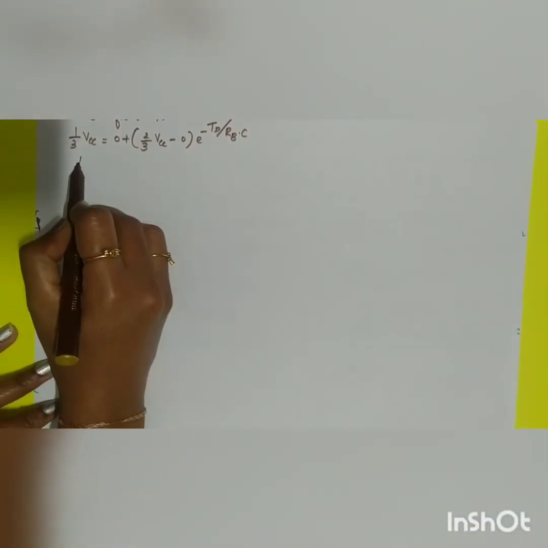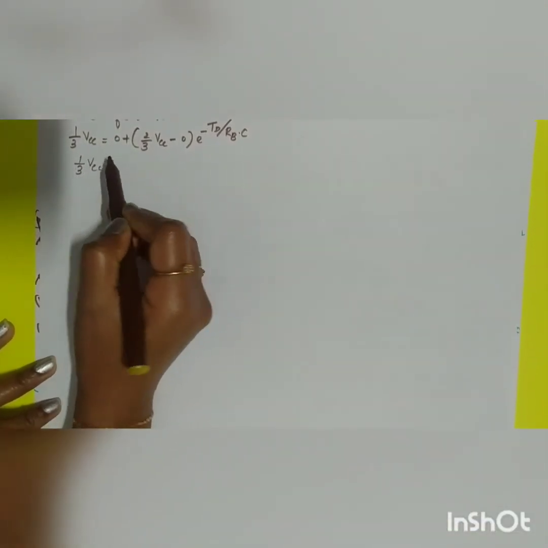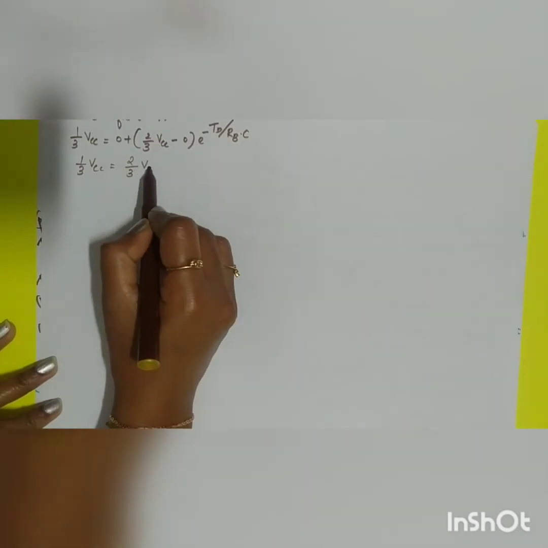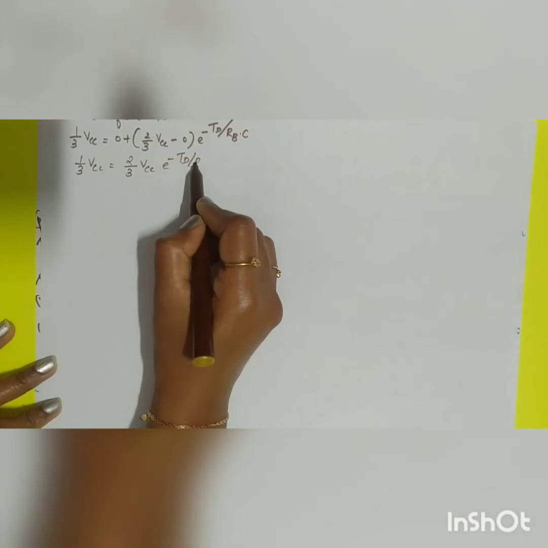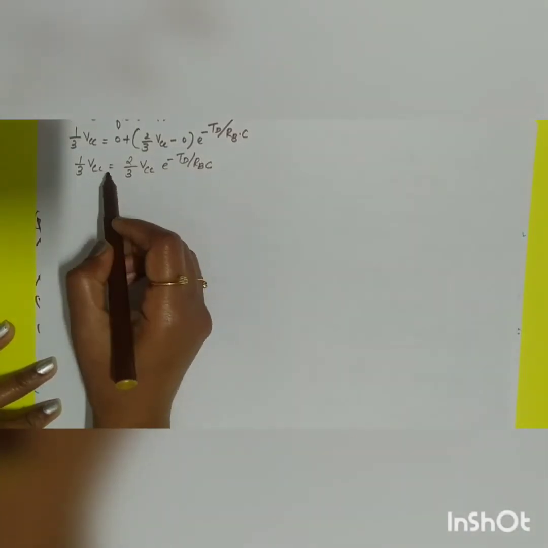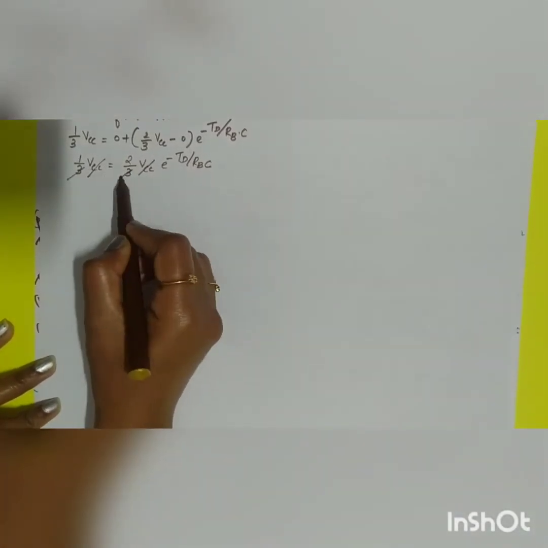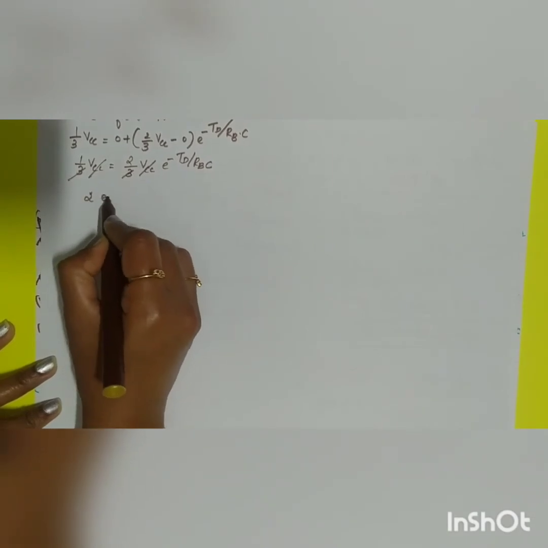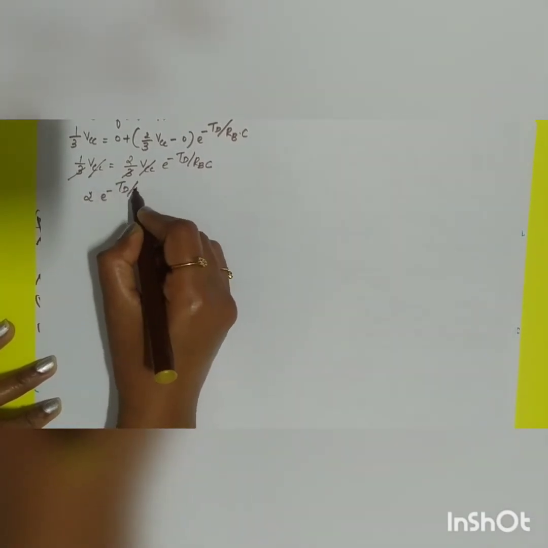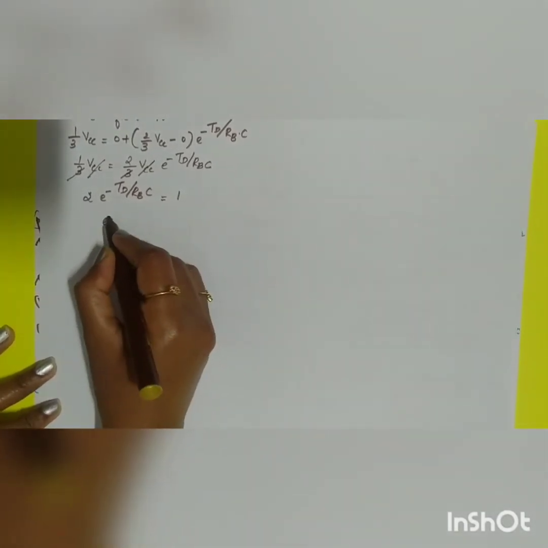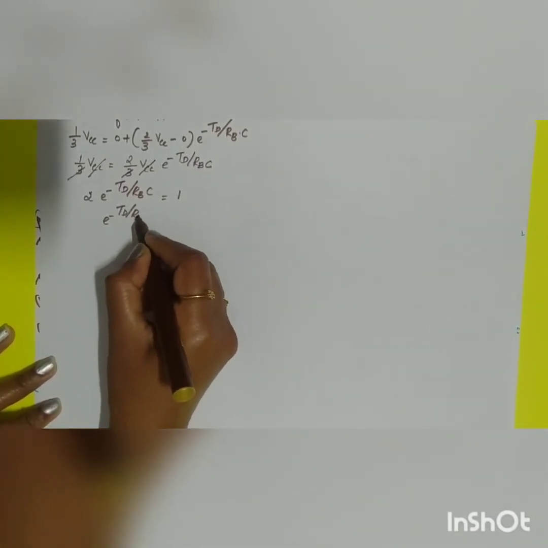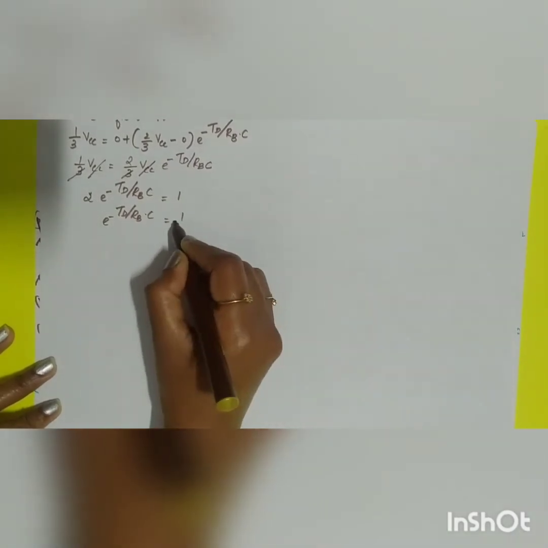So now what will be your equation? 1 by 3 Vcc will be equal to 2 by 3 Vcc into e power minus Td divided by Rb into C. So Vcc gets cancelled, 3 gets cancelled. So you will be getting e power minus Td divided by Rb into C is equal to 1 by 2, taking the 2 to the other side.